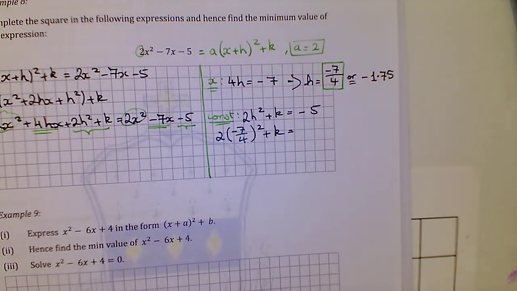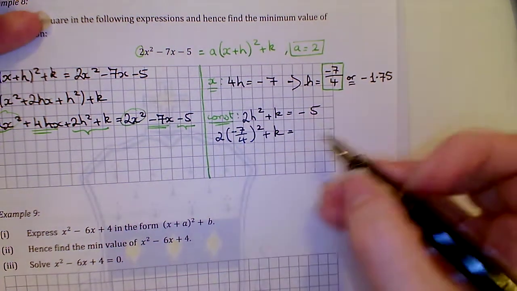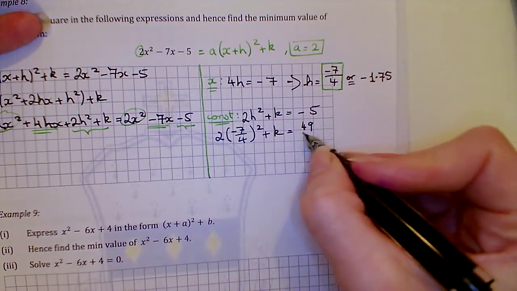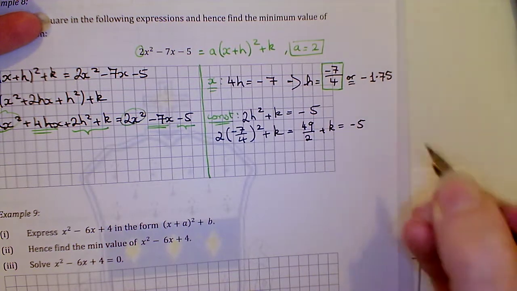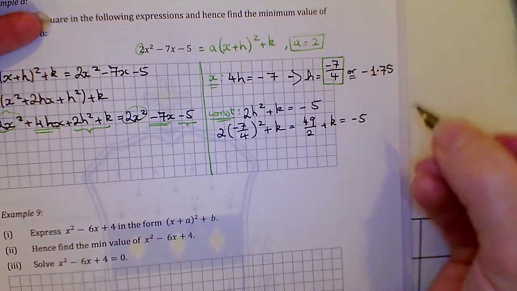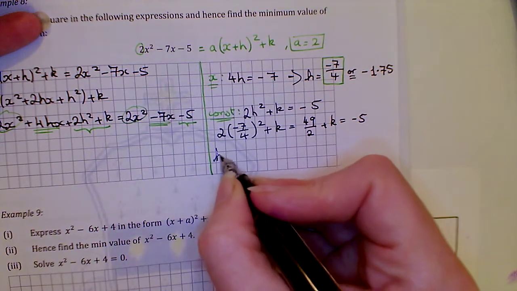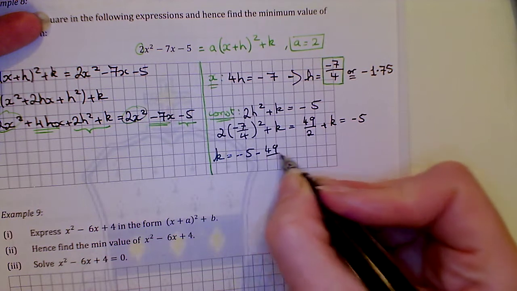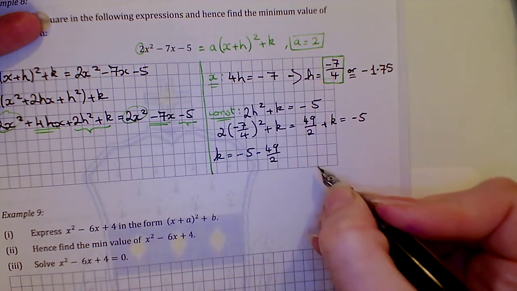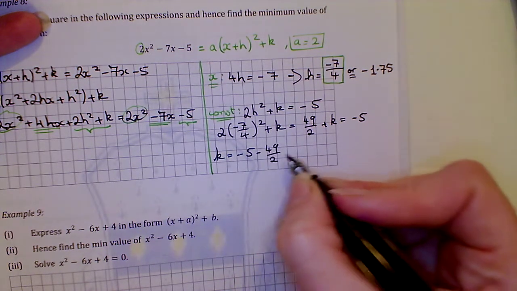That's going to be 49 over 16, which is 49 over 2 when I multiply the 2. So 49 over 2 plus k is equal to minus 5. You can get rid of the fraction at this point or just bring it over. So k is going to be minus 5 take 49 over 2, which you can write as 24.5 as well.